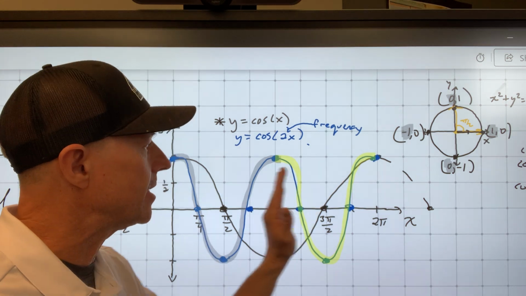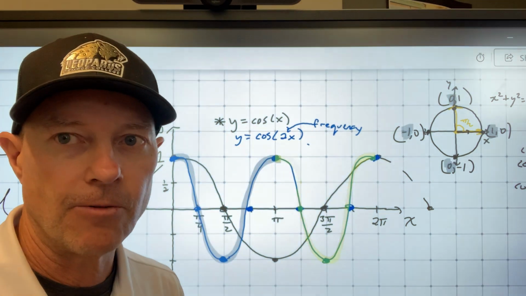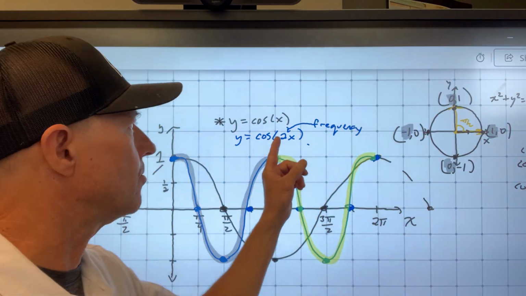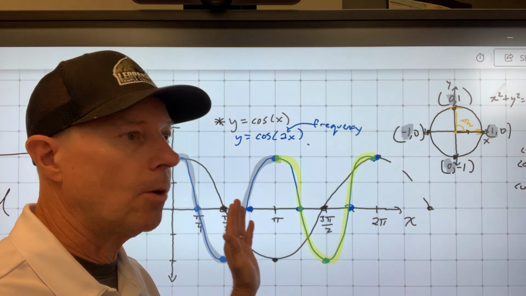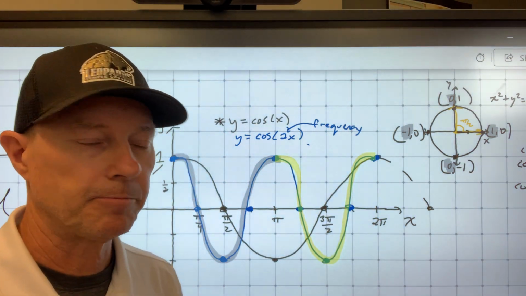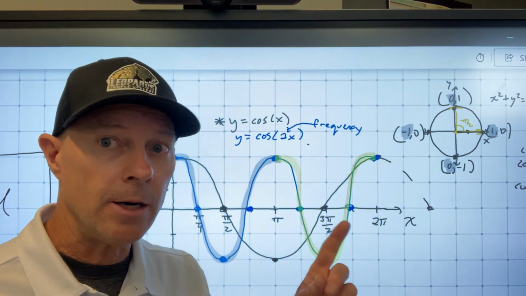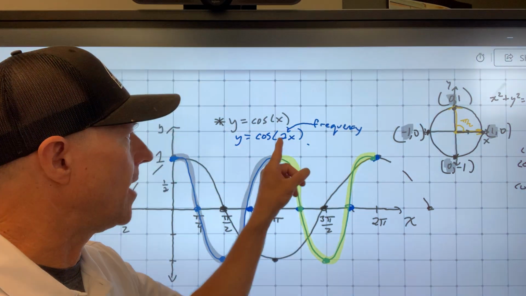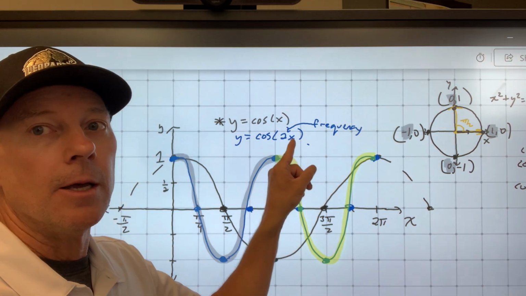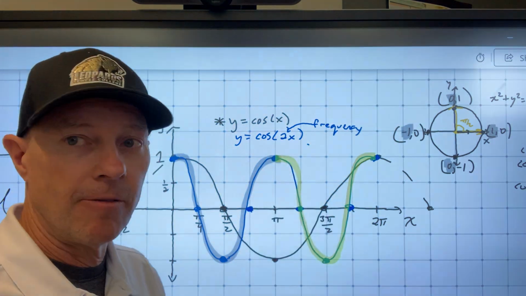So the frequency of the wave is doubled, and that's why we call this coefficient the frequency. So you use the frequency to know how many cosine waves you should see over the usual period. But if you just want to graph one cycle, you can scale down the usual period by a factor of the frequency.